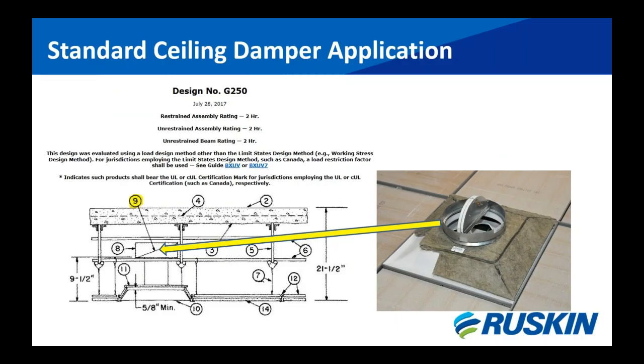So this right here is the example that I just mentioned, where it's universal to the damper industry. This is just one example of a design. It's G250. So the G250, if you look at item 8 or 9, item 9 is actually the damper. This is an old style hinge door that had a 16 gauge sheet metal with a ceramic fiber material on the metal.